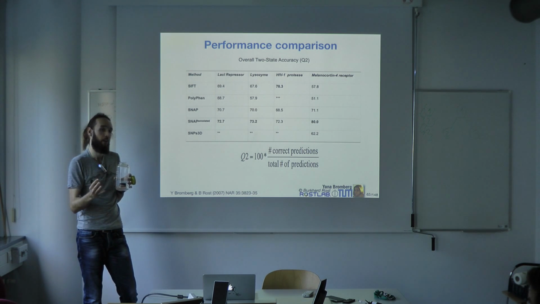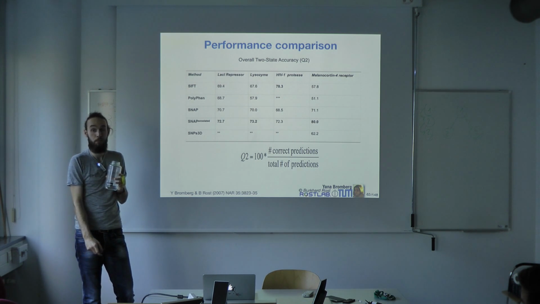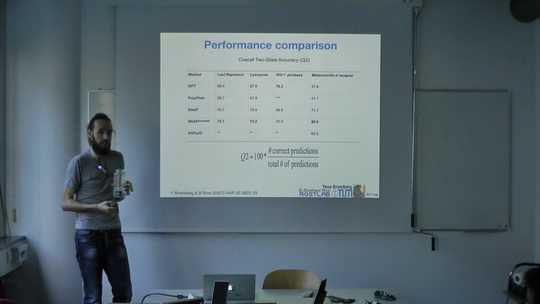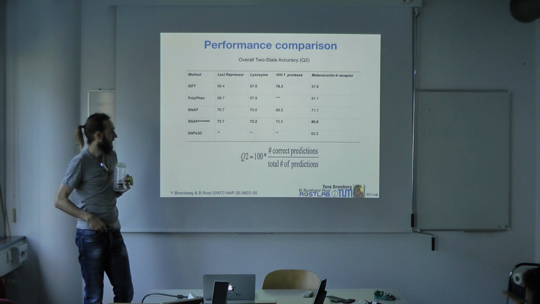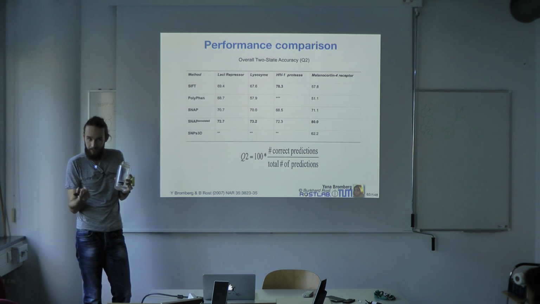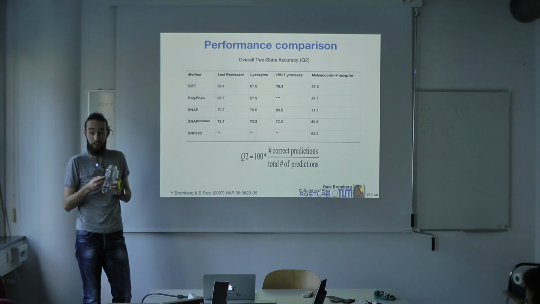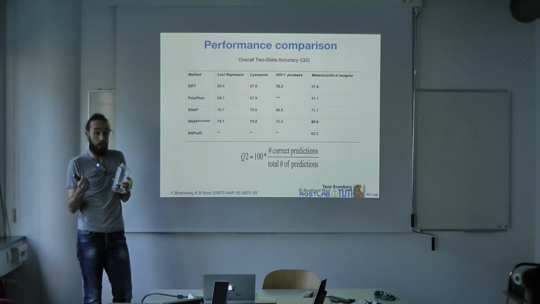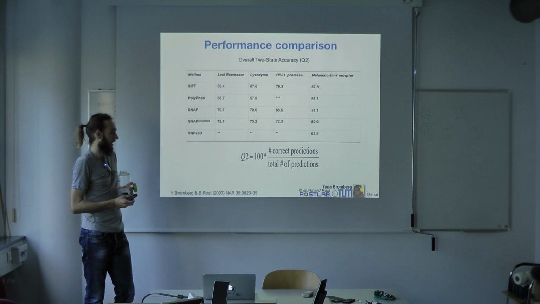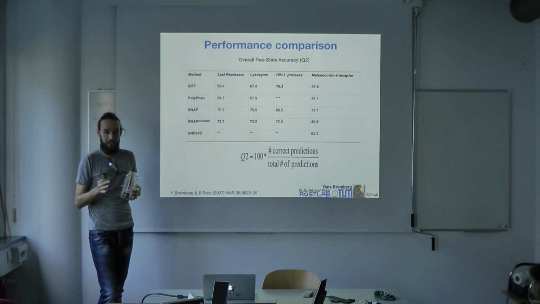So all effect variants that you predicted as effect variants plus all neutral variants that you predicted as neutral variants, divided by all variants that you put into the predictor. That's the Q2, 2 because neutral and effect. If you have, for example, a secondary structure prediction, you often talk about Q3 because you have 3 classes which you are trying to predict: helix, sheet, and loop. But the idea is the same: all correct ones divided by all ones.